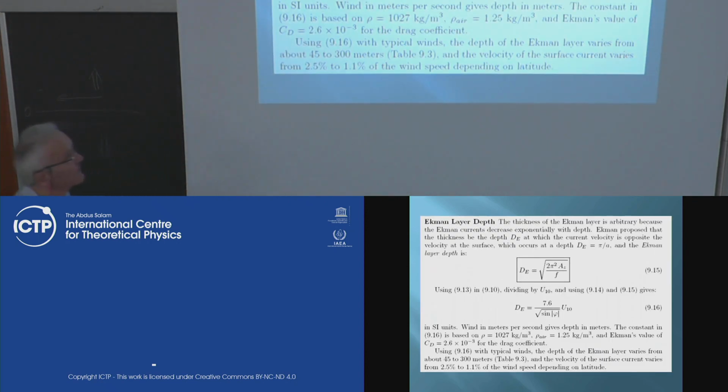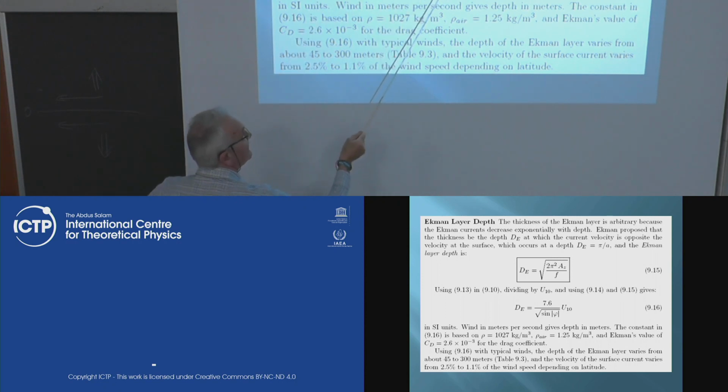Ekman layer depth. This is another important parameter, which is somewhat arbitrary, because the Ekman currents decrease exponentially with depth. But it was proposed by Ekman that the thickness dE is the depth at which the current velocity is opposite, as I told you before, to the velocity at the surface, and we can calculate this simply from the solution.